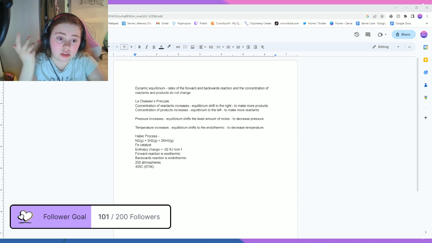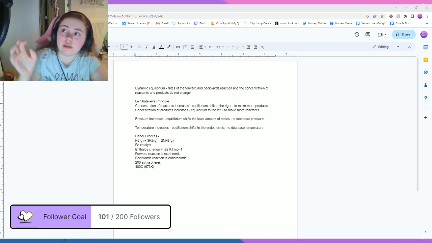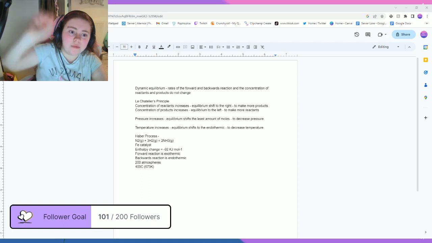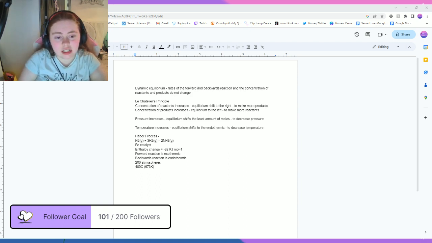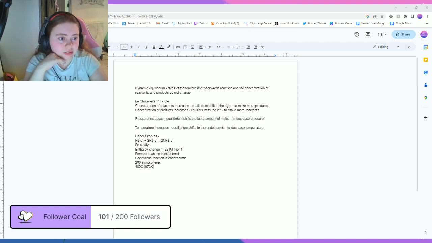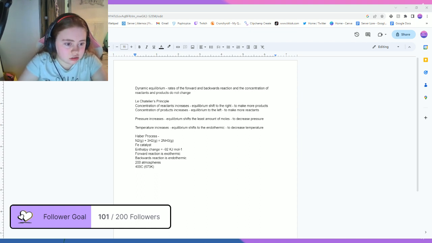We did it a lot when we were doing enthalpy changes, and using the equations that require temperature, such as the free energy equation. I'll just write it on here.